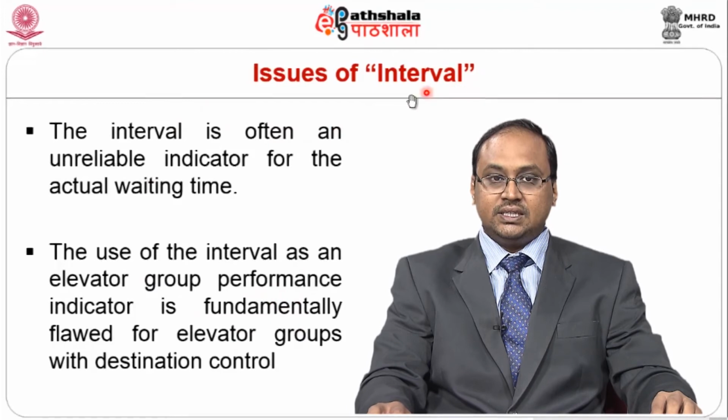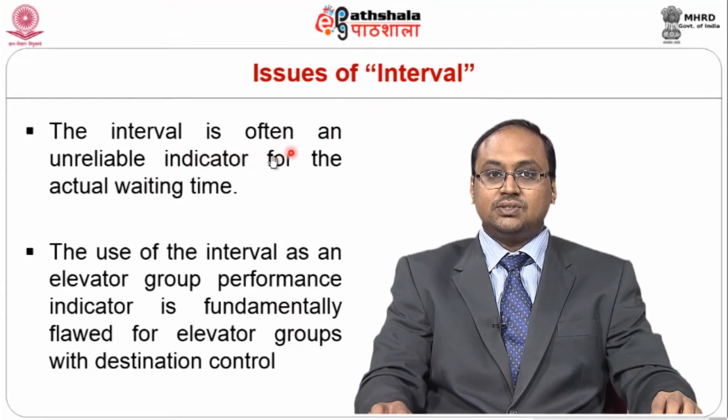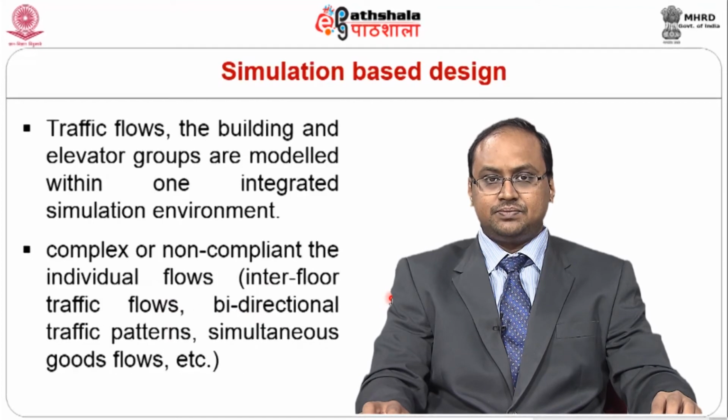Issues of interval: the interval is often an unreliable indicator of the actual waiting time. Using the interval as an elevator group performance indicator is fundamentally flawed for elevator groups with destination control.